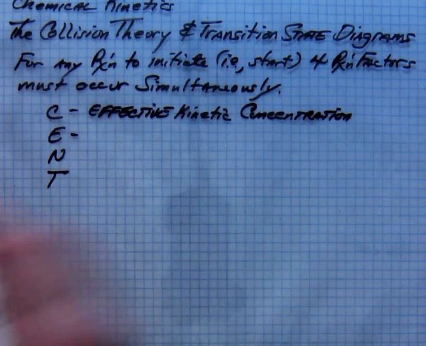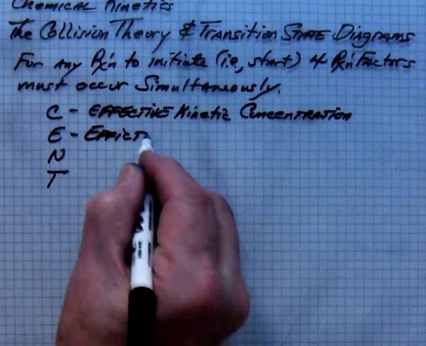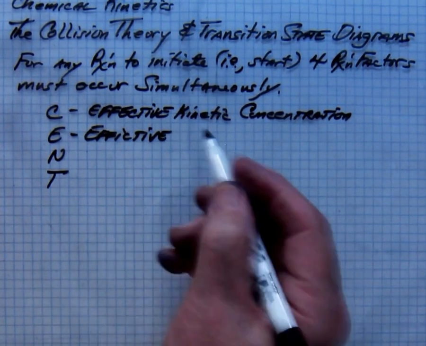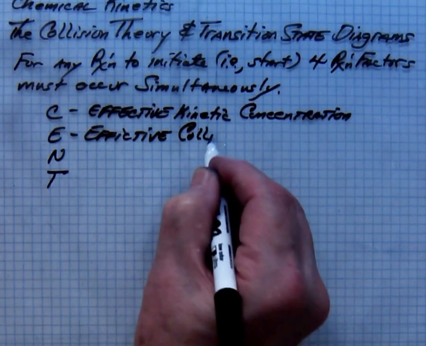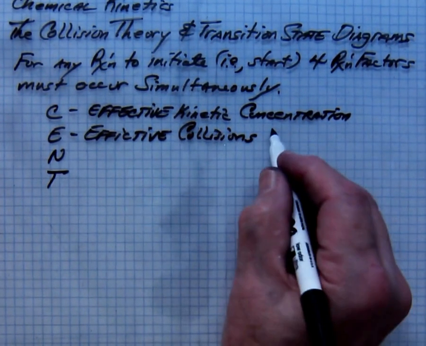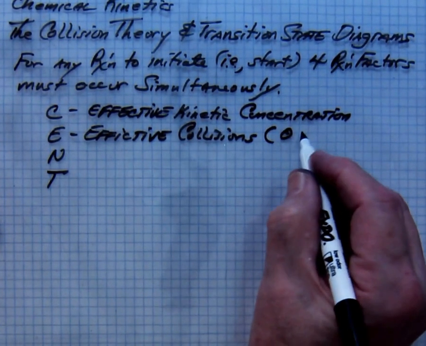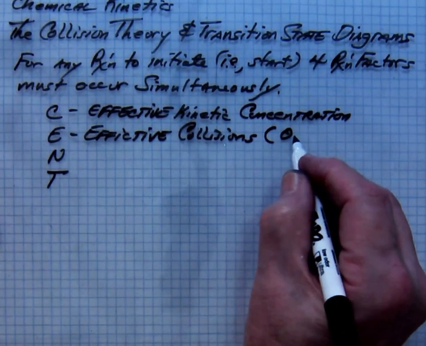E refers to effective collisions, and has more to do with orientation of the colliding molecules.